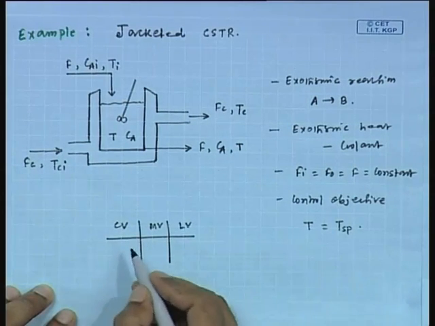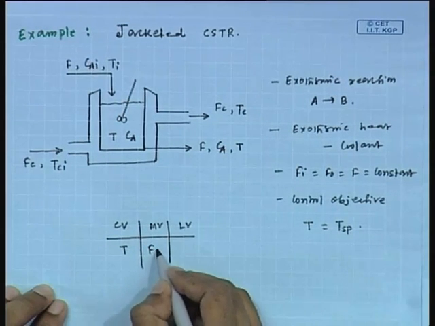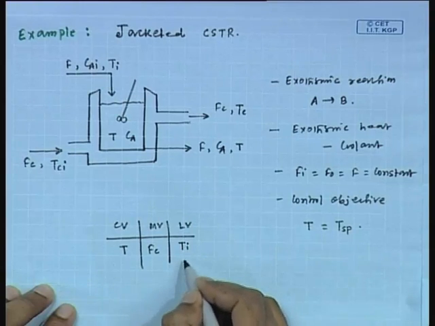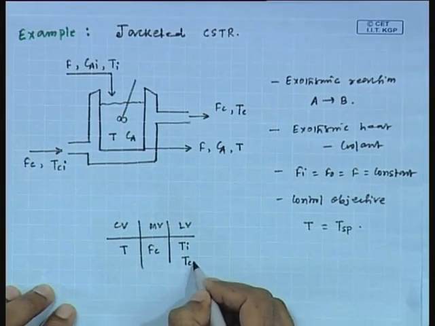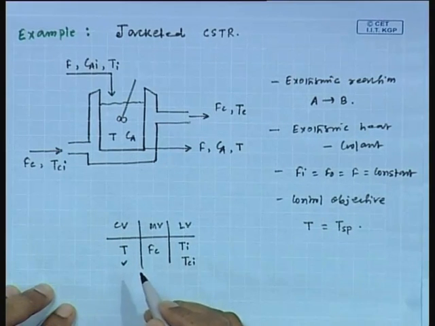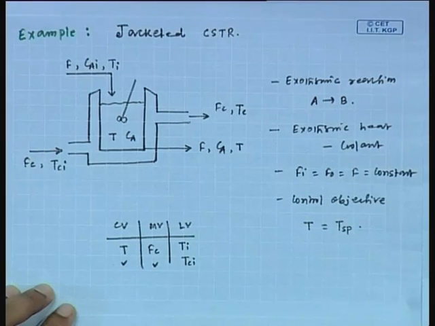Controlled variable is reactor temperature T, corresponding manipulated variable is coolant flow rate Fc, and possible disturbances are Ti and Tci.